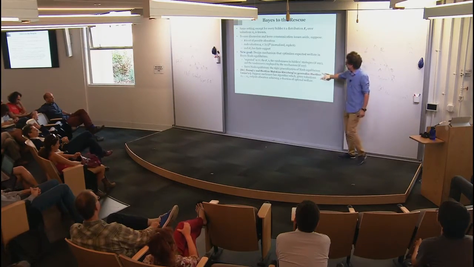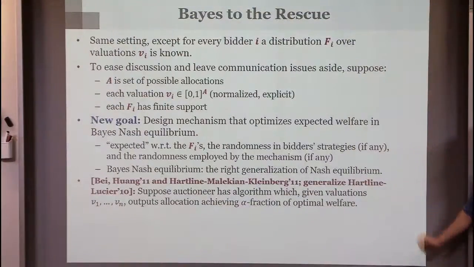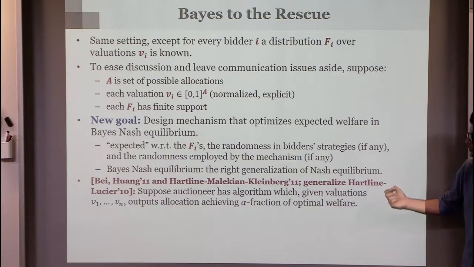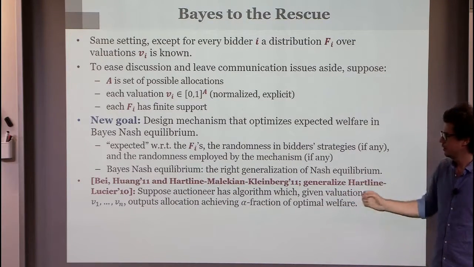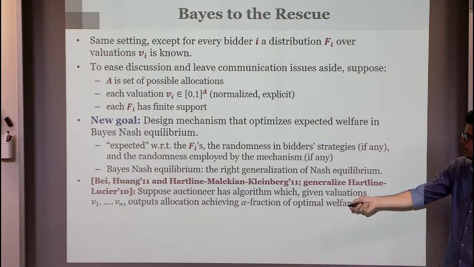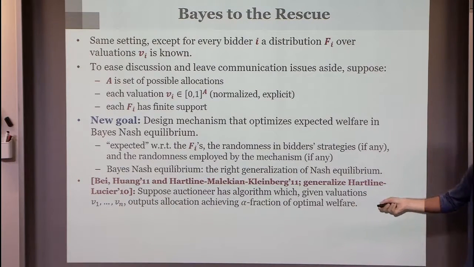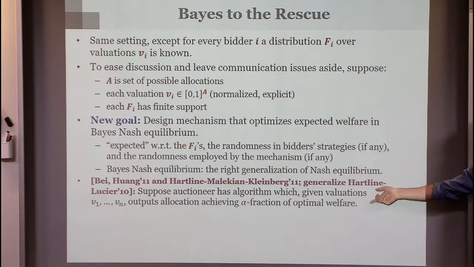So here's what's happening once you go to a Bayesian setting. Cool papers by, among others, Jason, say the following. Suppose that the auctioneer has an algorithm which, given known valuation functions V1 through Vn, would output an allocation that is achieving an alpha fraction of the optimal welfare. That's a tool that the auctioneer may have.